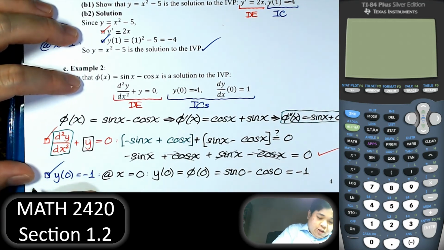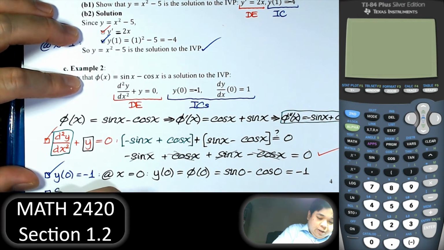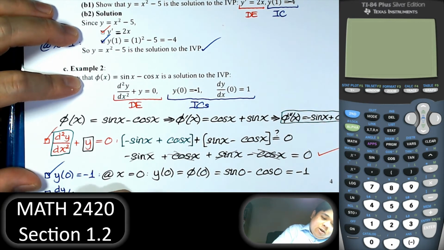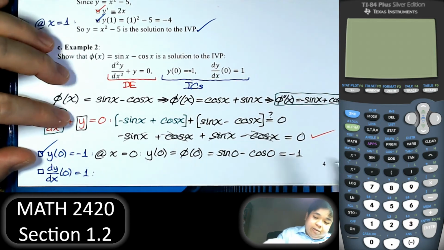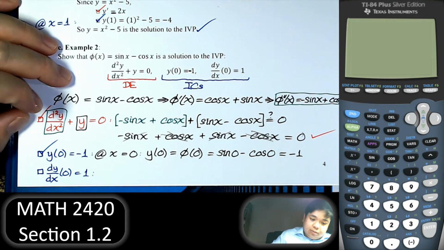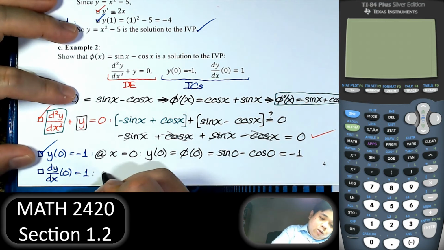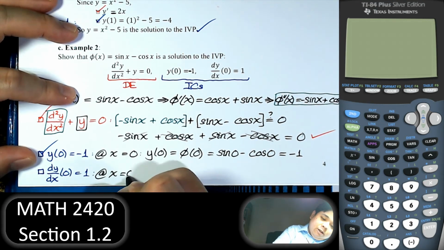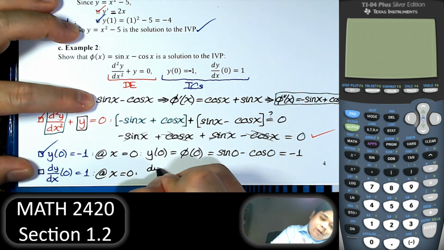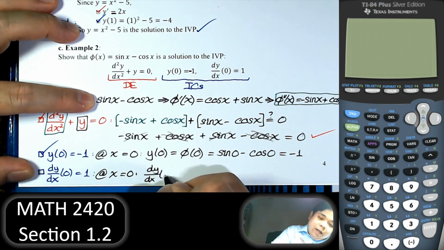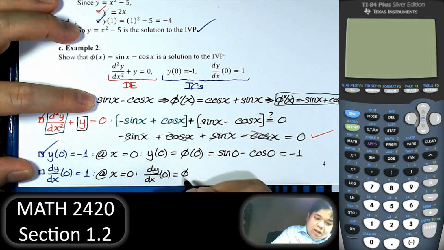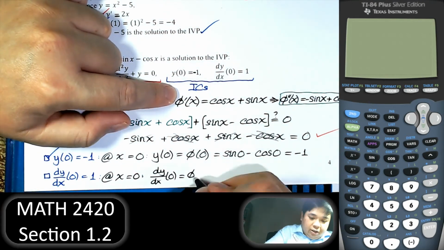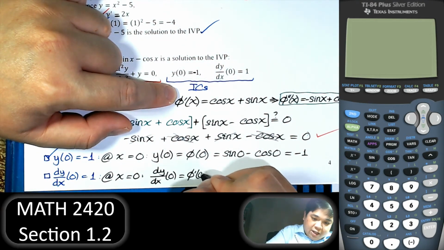And then we check the derivative, which should equal 1. When x equals 0, the derivative y'(0) is the same as phi prime at 0.